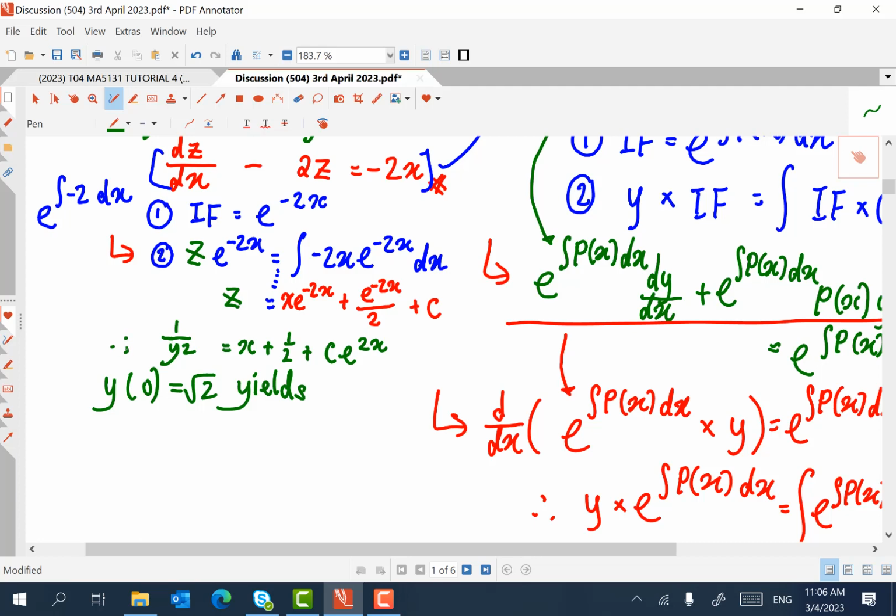Okay. So C is equal to what? C is 0. C is 0. Check, is it true?